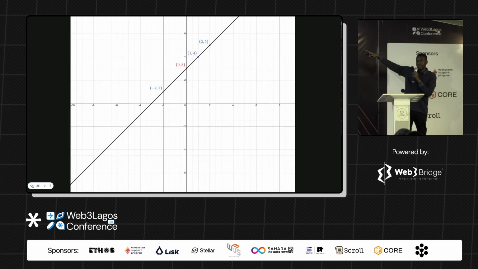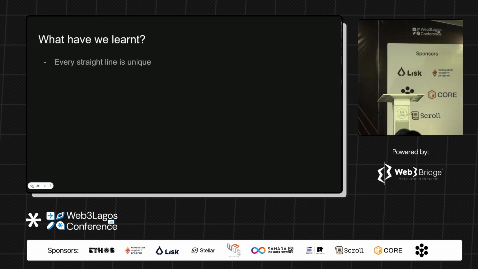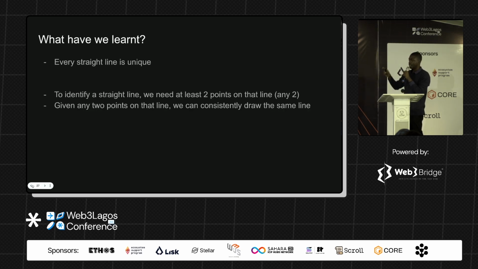And I'm showing you now that 0, 3, and 2, 5 still stay on that same straight line, just to prove that it is exactly the same straight line. So what have we learned? Every straight line is unique, okay? 2 straight lines are not the same. To identify a straight line, we need at least 2 points, okay? Given those 2 points, we can uniquely identify that straight line. And given any 2 points on that line, we can draw back that same straight line. Does this make sense? Cool.